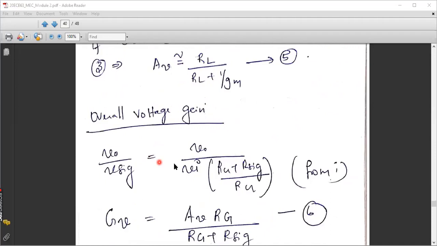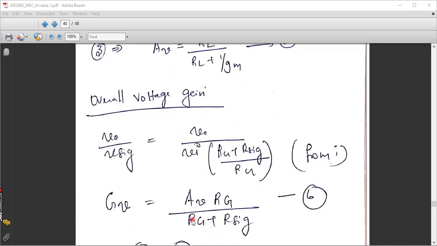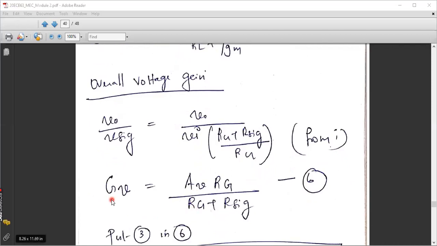So Vsig can be replaced as Vi into Rg plus Rsig by Rg from equation number 1. And already we have computed the V0 by Vi ratio, which is nothing but AV, that is the voltage gain. So we can say that GV is AV times Rg by Rg plus Rsig.